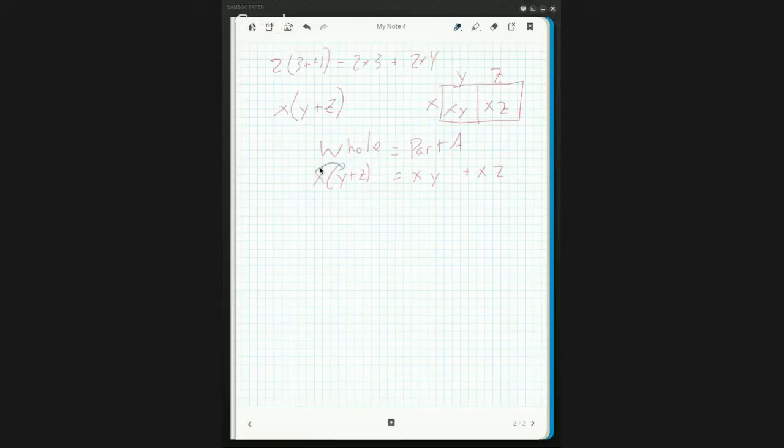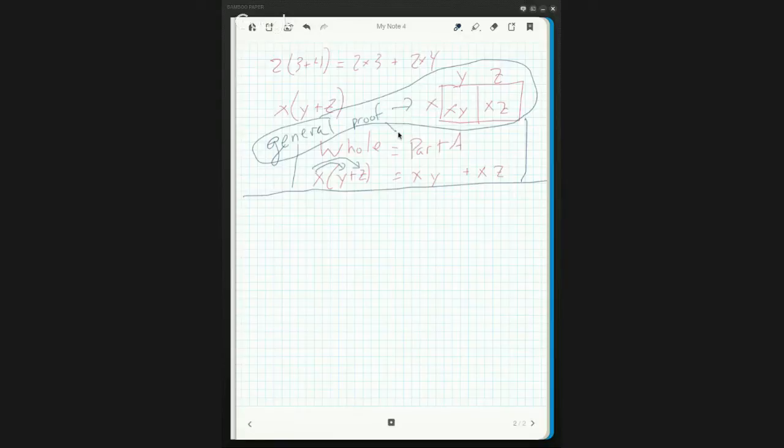All right, so xy plus xz. So it works. So distribution always works. And this is your general proof. Here's your picture, and here's your algebra.